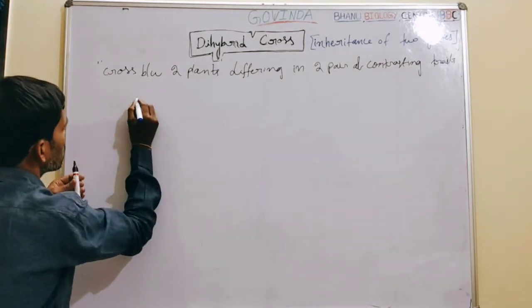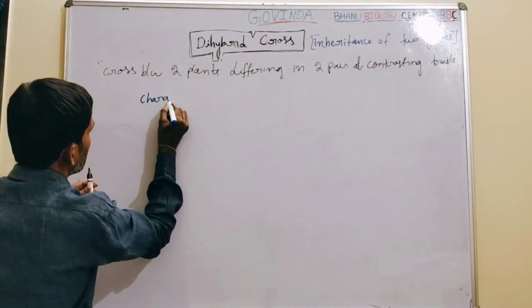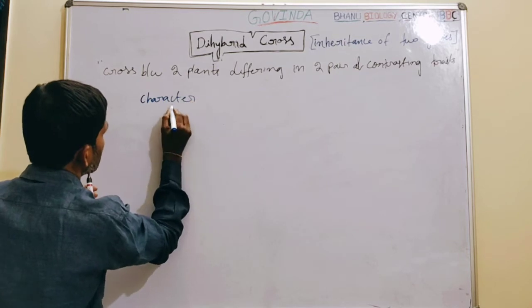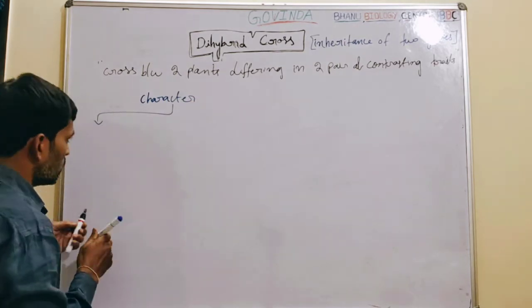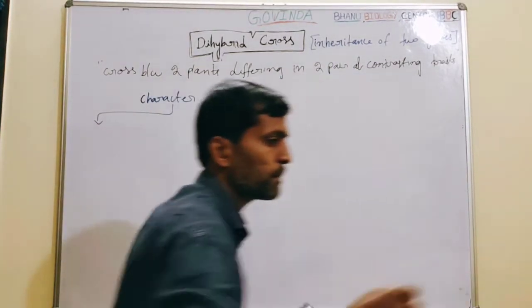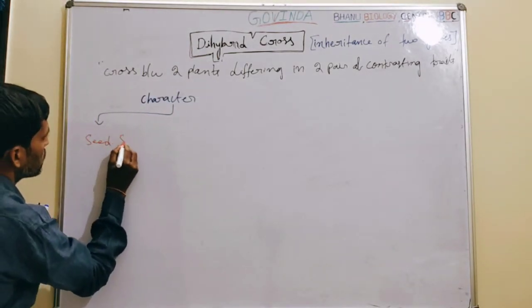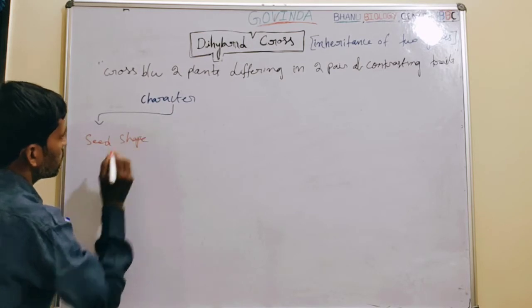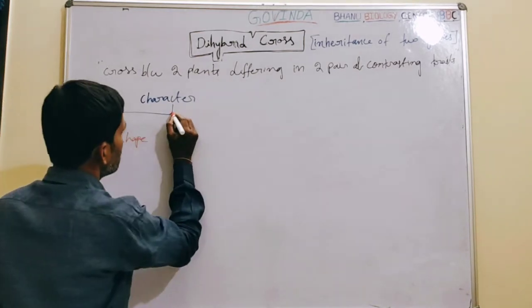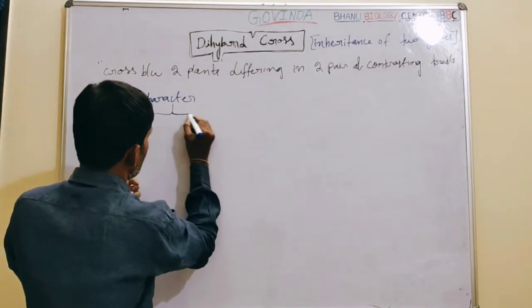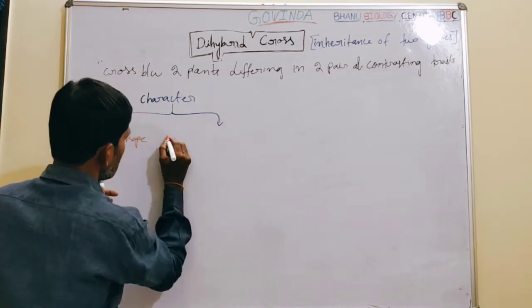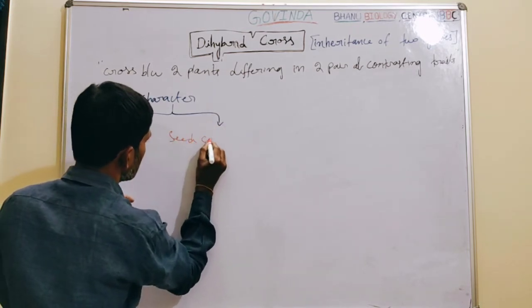So first write down the characters selected by Mendel. The one is seed shape. The other one is seed color.